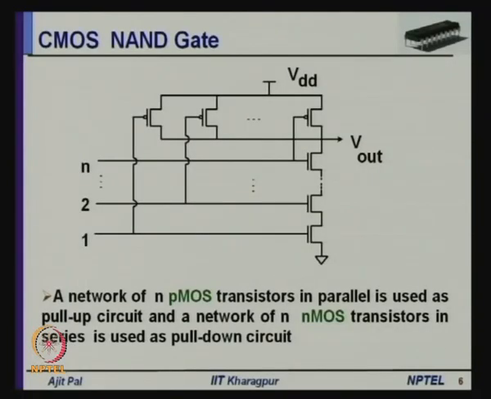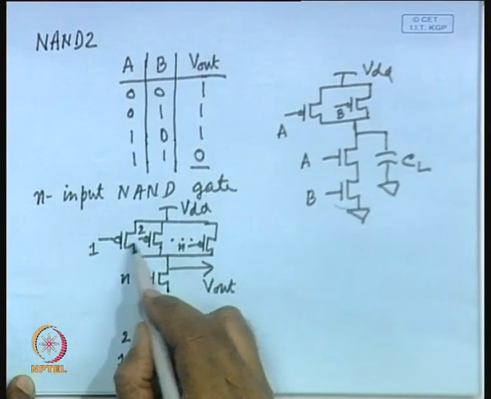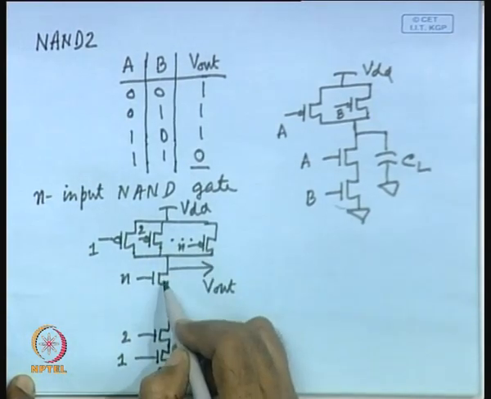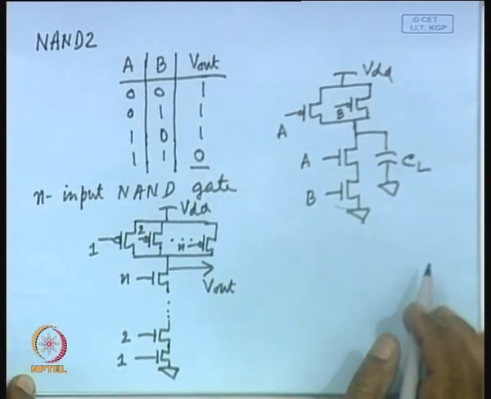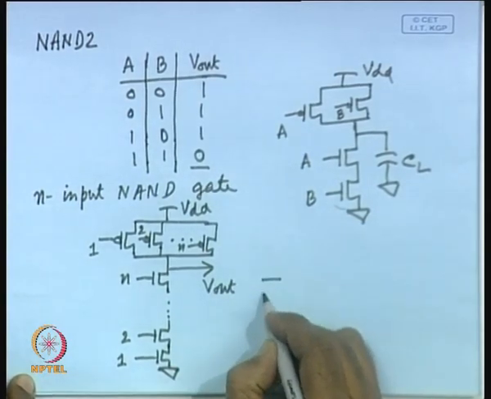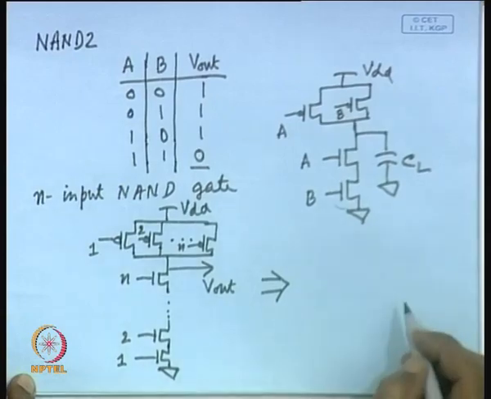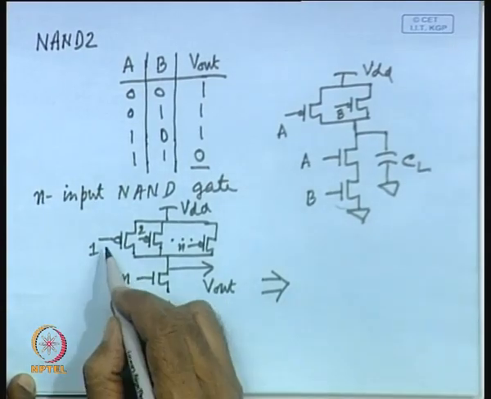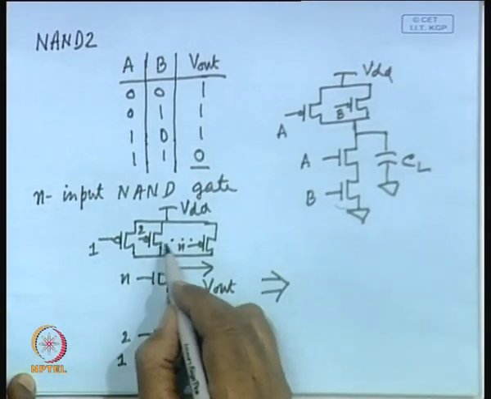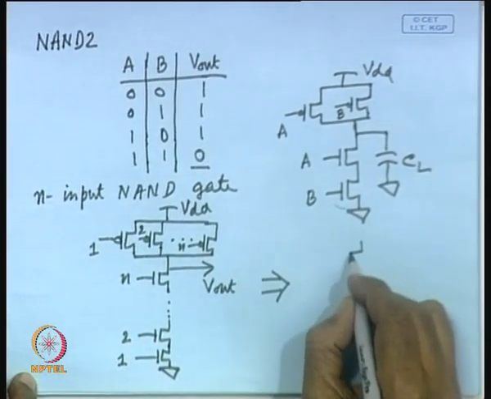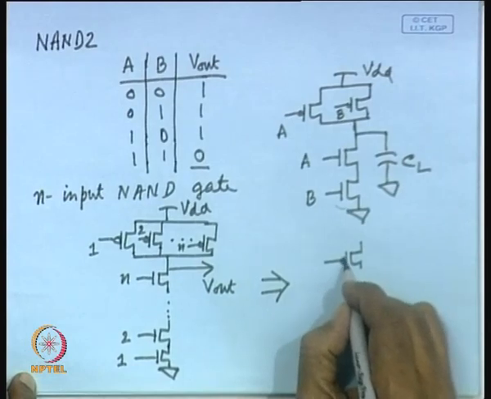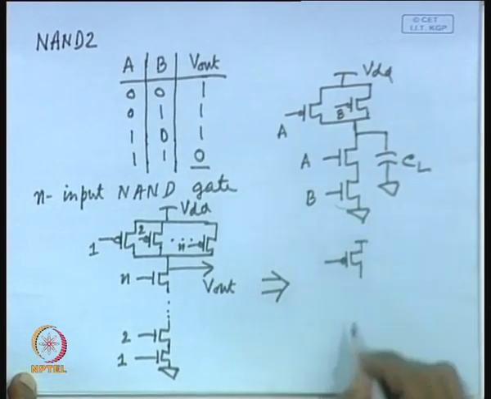So here as you can see, there are n transistors in parallel, here n transistors in series. Now, this can be simplified. You can consider it as if all the n PMOS transistors have their gates tied together, and it is represented by a single PMOS transistor.